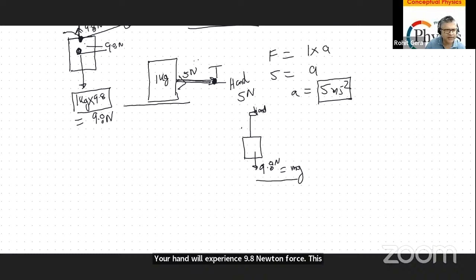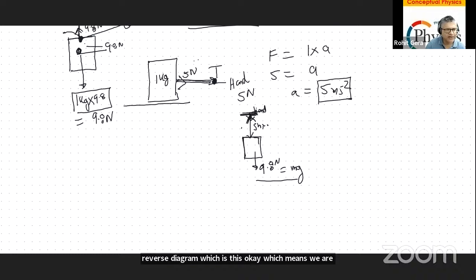This is the string. Through the string, this 9.8 newton goes up, and on the other side it behaves like this. On the side of the block it behaves like this. Sorry, we will draw a reverse diagram, which is this, which means we are pulling the wall down.